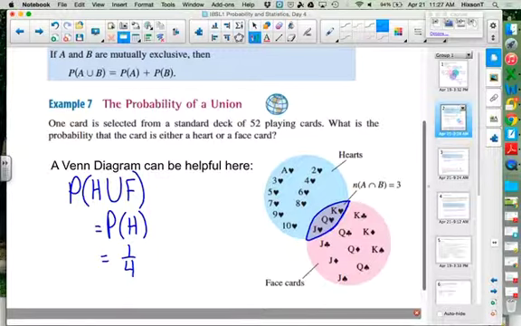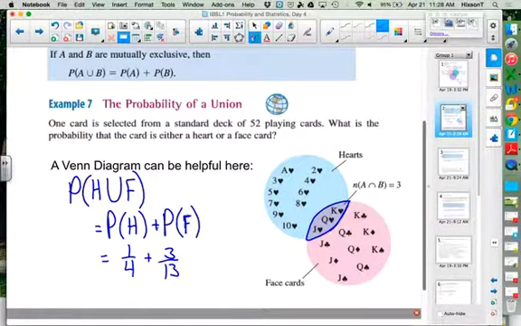Plus, what's the probability that I get a face card? 12. Aces aren't face cards. 12 out of 52 reduces down to 3 out of 13, because 3 out of every suit is a face card.